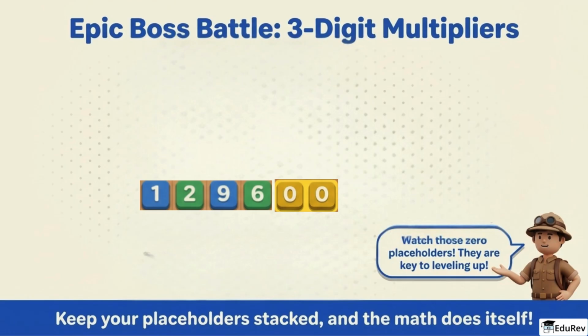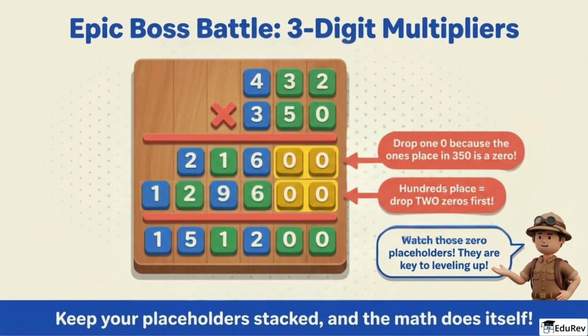Now let's go even bigger. A 3-digit multiplier. Take this example. 432 times 350. Now look carefully. In 350, the ones digit is 0. So that part gives nothing. Then we multiply using the useful place values. 432 times 50 and 432 times 300. Those partial answers are 21,600 and 129,600.